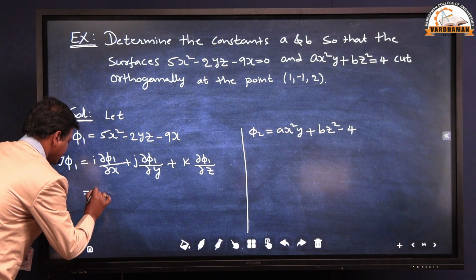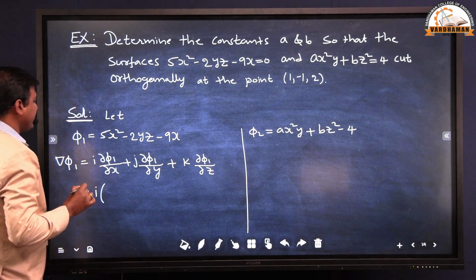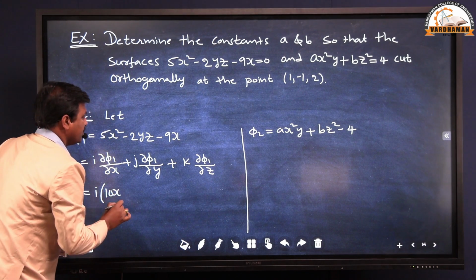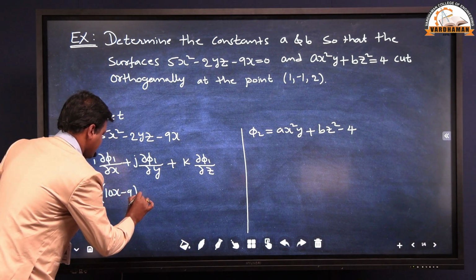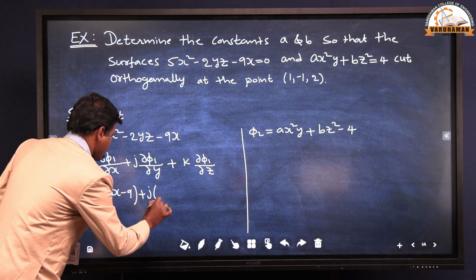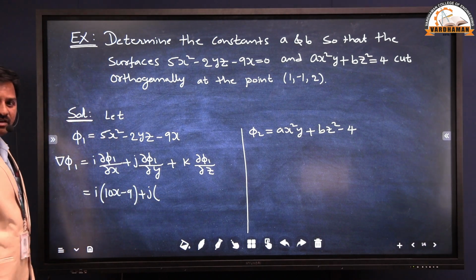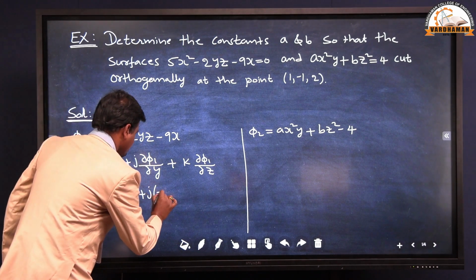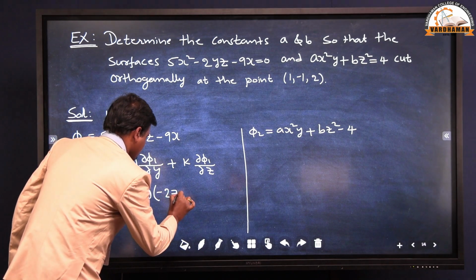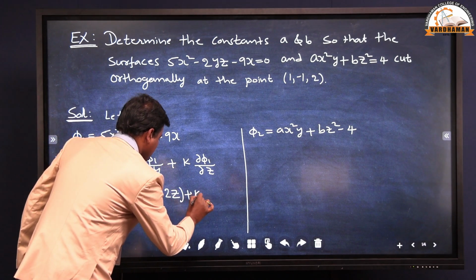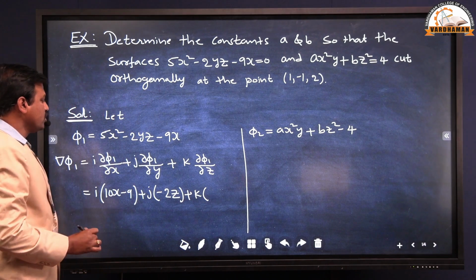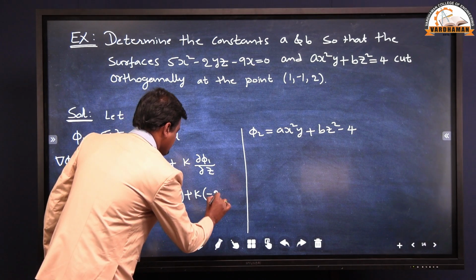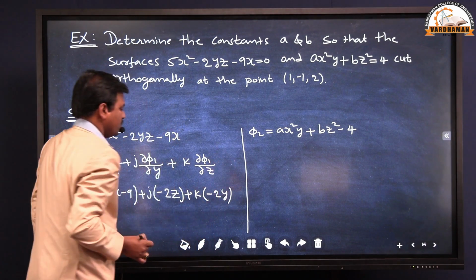This equals i into dou phi 1 by dou x, 10x minus 9, plus j into dou phi 1 by dou y, y derivative 1 into minus 2z, plus k into dou phi 1 by dou z, z derivative 1 into minus 2y.